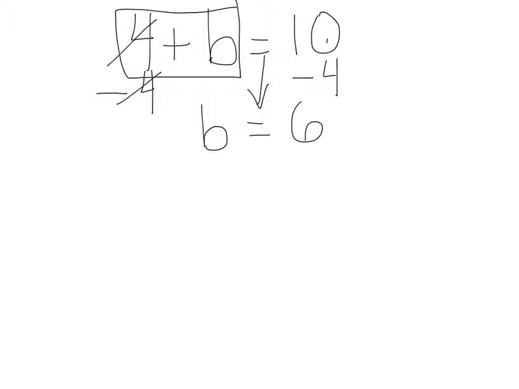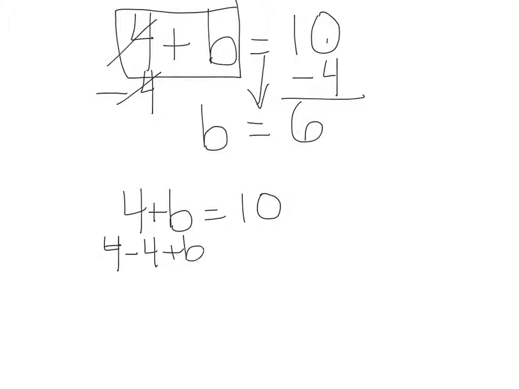So it doesn't matter if you do this process horizontally, like I just did, to try and create an algorithm. You can also do this vertically. So again, I know that the opposite of positive 4 is negative 4. So I would write minus 4 under the 4 plus b equals 10 minus 4, and I can do it vertically again.